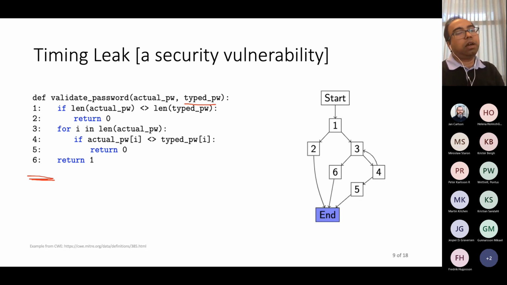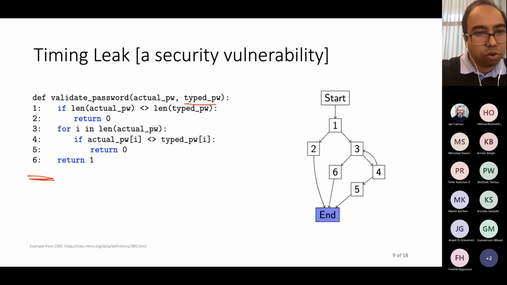Once an attacker gives the correct length of the password, then even inside this loop, how many times the loop will iterate depends on how accurate the attacker's password is. Giving a wrong password will terminate this program very quickly, and a more accurate password will take some time.